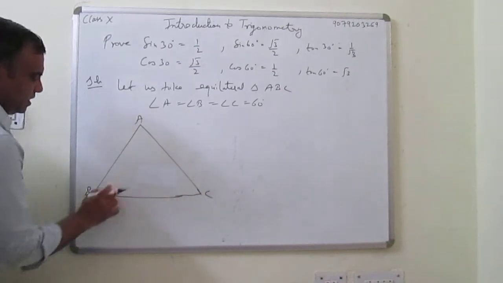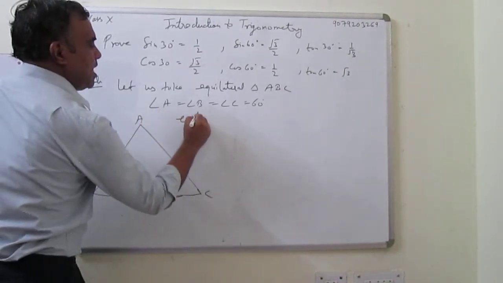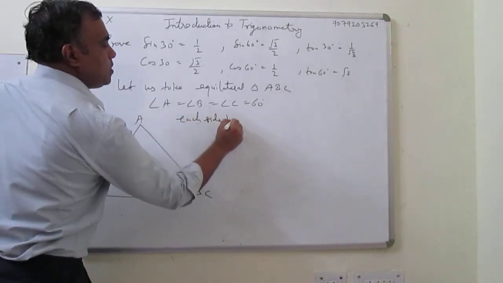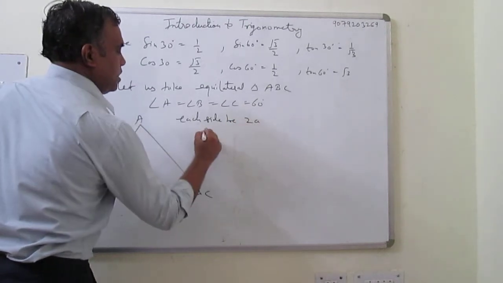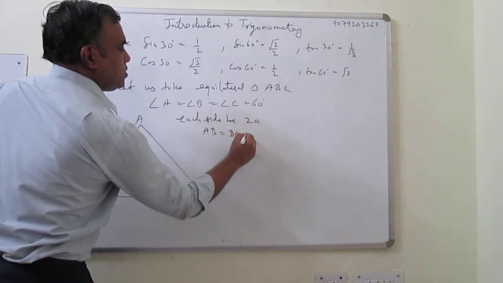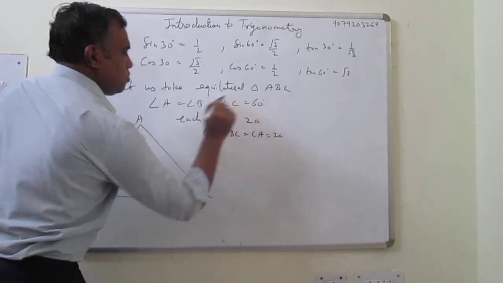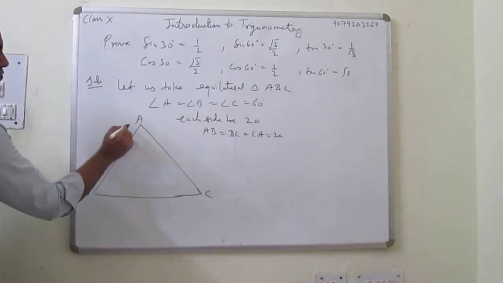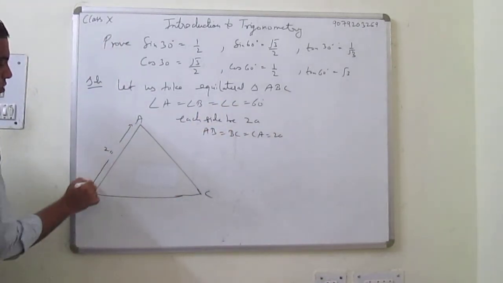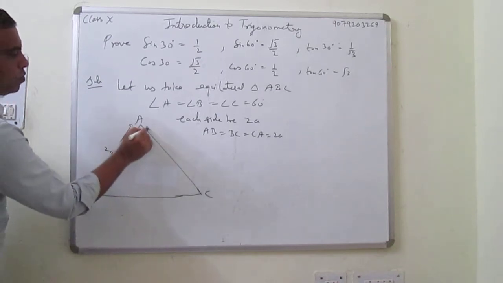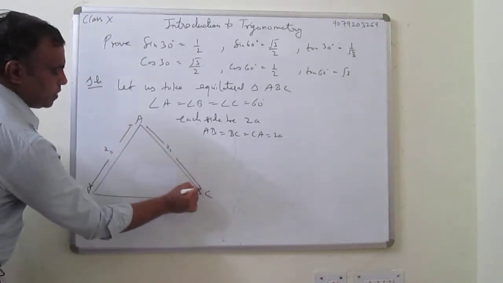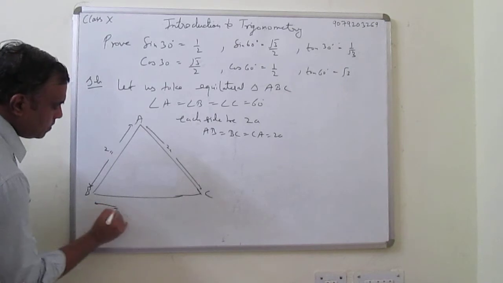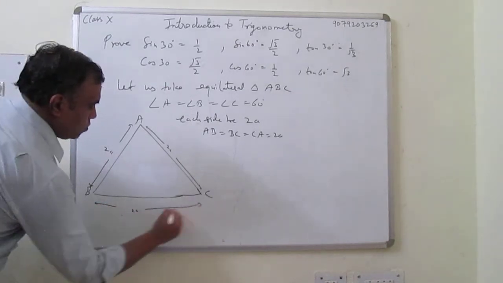Let each side be 2A, that is, AB, BC, CA are equal to 2A.